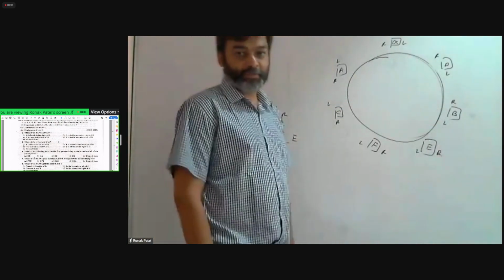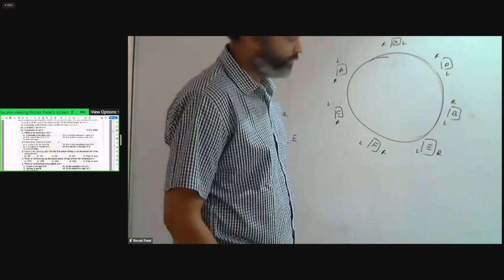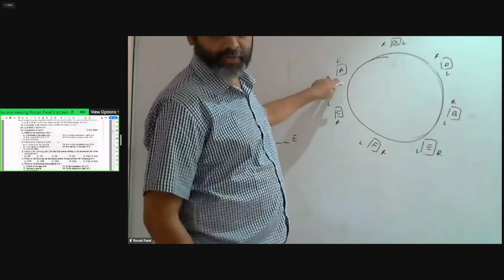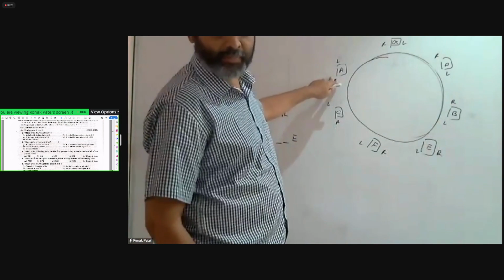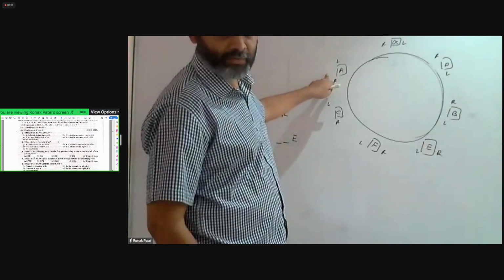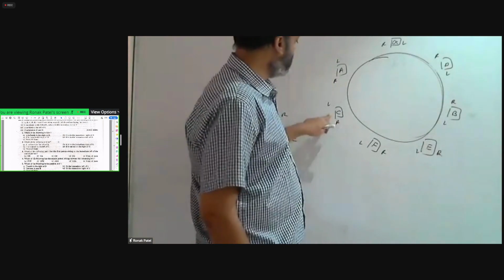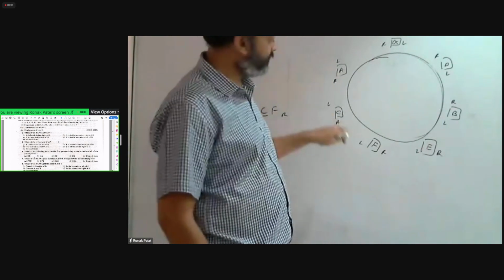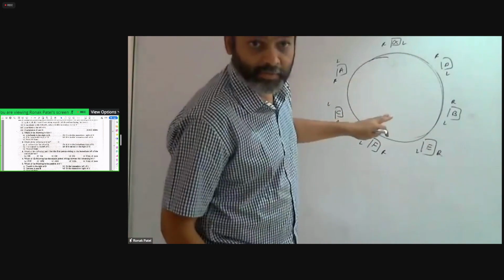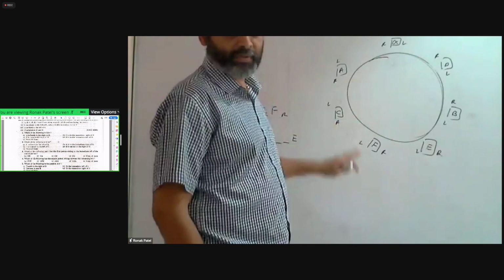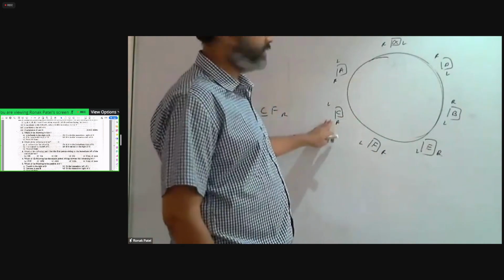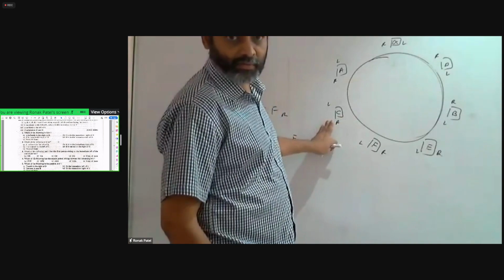Sorry. Which of the following is true? C is 4 to the left of B. So 1, 2, 3, 4. So first is wrong here. A is immediately right of G. So yes, second is right. Third one, D is second to the left of E. First and second, yes. C is second to the left of E. D is second to the left of E. C is 4 to the left of B. That is also wrong.